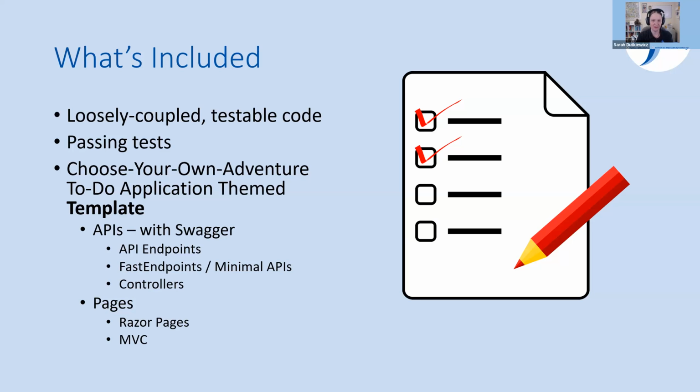But again, remember, this is an opinionated approach and a template. This is not a full application. We have an example of a full application here toward the end, so stay tuned. But in this one, you'll see passing tests. And I like to call it a choose-your-own-adventure kind of template because it does show APIs. It does show front end.